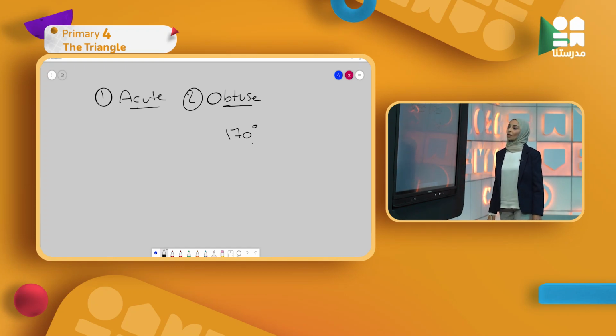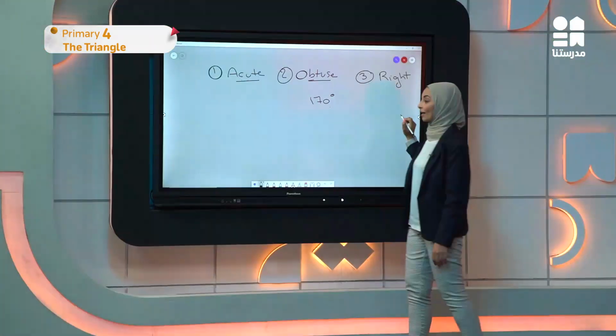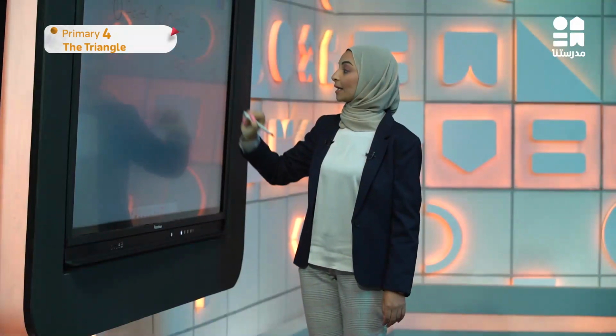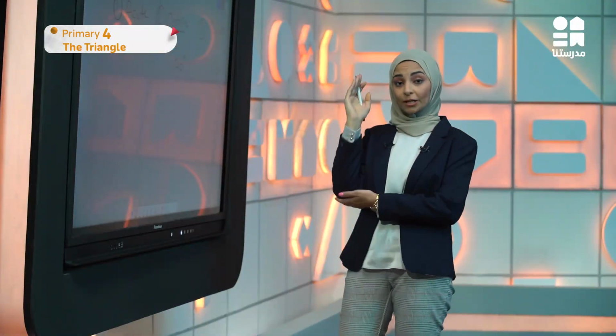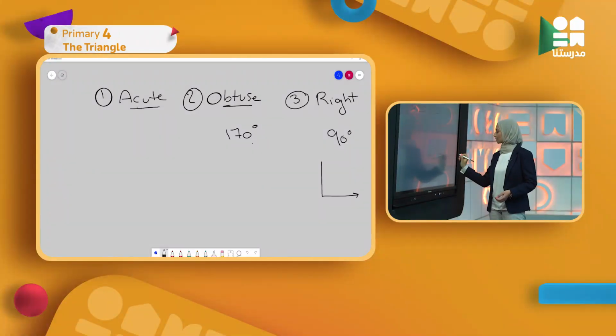Okay, the third type of the angles is right angle. What is the right angle? Right angle means 90 degree. It means they must be perpendicular to each other, like this. This is the 90 degree.